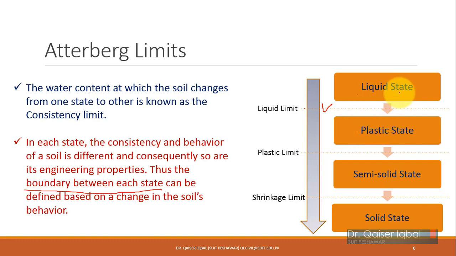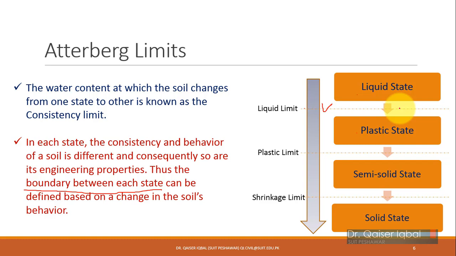Okay, because over here the liquid behavior is limiting. If something is limiting, it means it is going to vanish, or it is diminishing, or it is ending. So liquid limit means that the liquid state is going to limit over here.